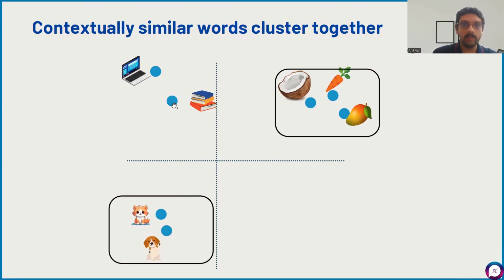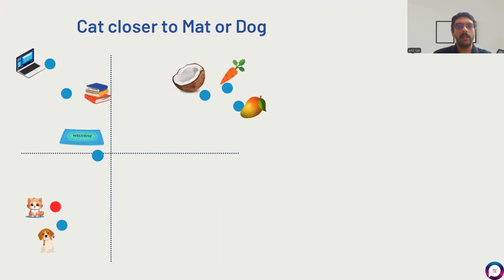But the books show up closer to the laptop. You could think of it as the model capturing the fact that both are used for learning, or both are inanimate objects, or both are used in the classroom, for example. So we see that embedding models capture the essence of words.